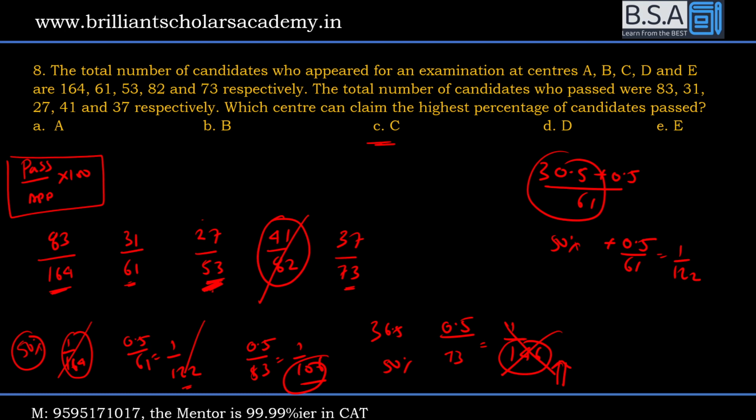I could have written this as 0.5 extra on 61, 0.5 extra on 53, 0.5 extra on 73. Can I say 0.5 is same? 0.5 is same in all of them. The denominator is less, the value should be more.